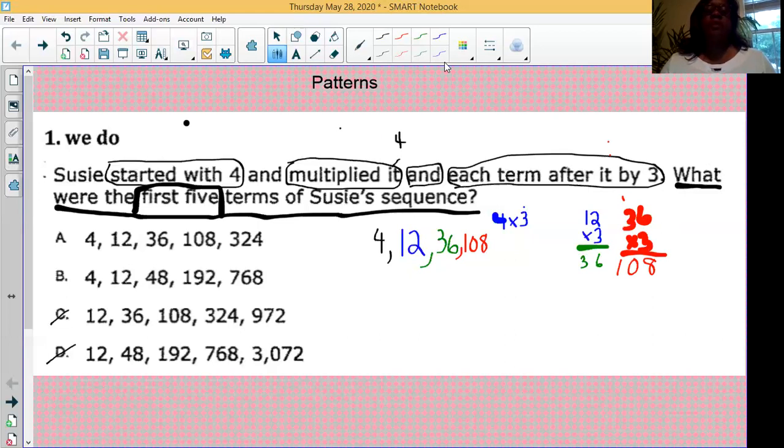Okay. Now remember we need 5. We have 1, 2, 3, 4. So we need one more. So now we're going to take the 108 and multiply it by 3. So this time write 108 and times that by 3. And I'll pause and let you do it.